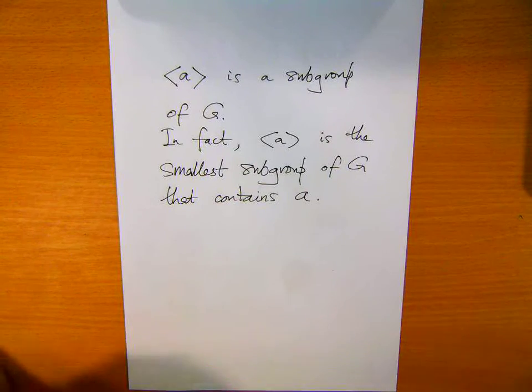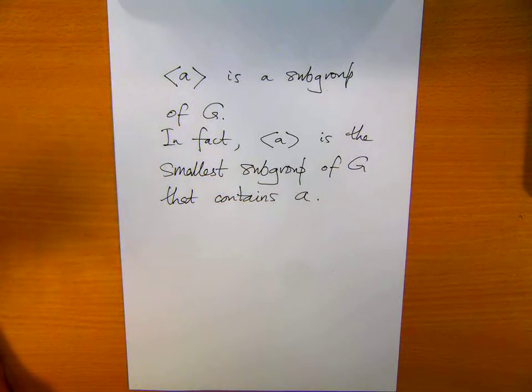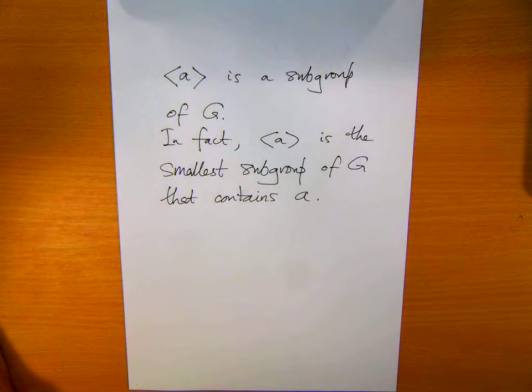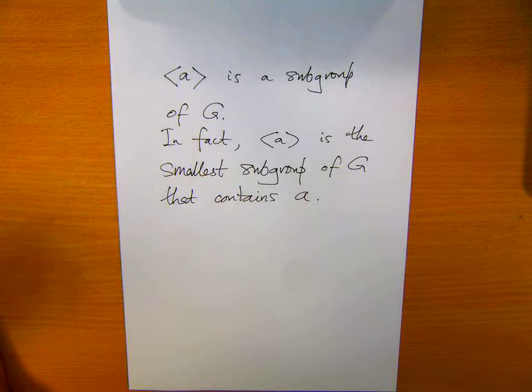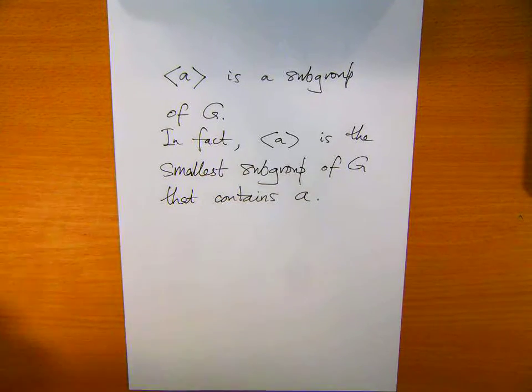So at the very least, this construction gives us a way of constructing subgroups of any group. We just take a group, we choose an element in the group, and immediately we've got a subgroup of the group. And since subgroups are going to be used to probe the internal structure of groups, this should be useful because we can generate subgroups.